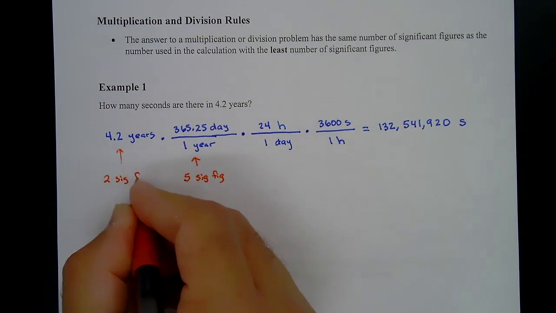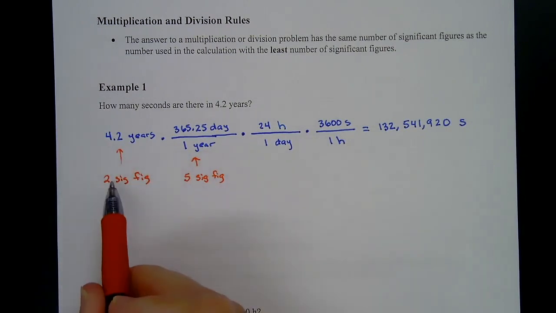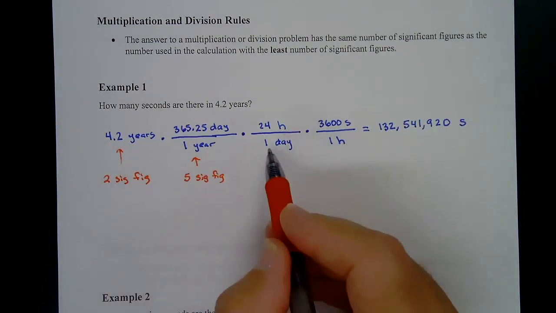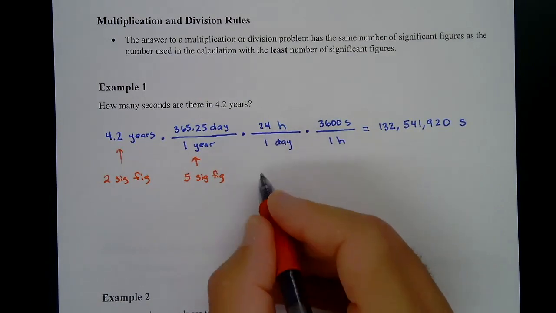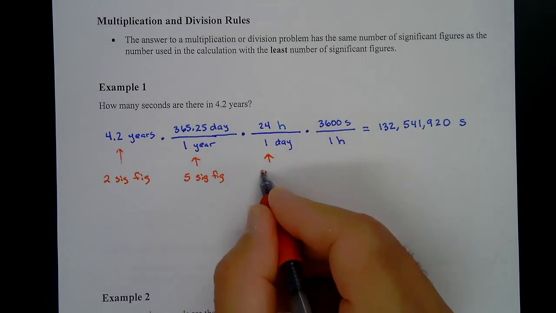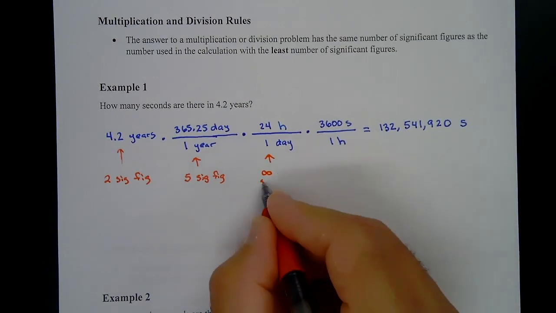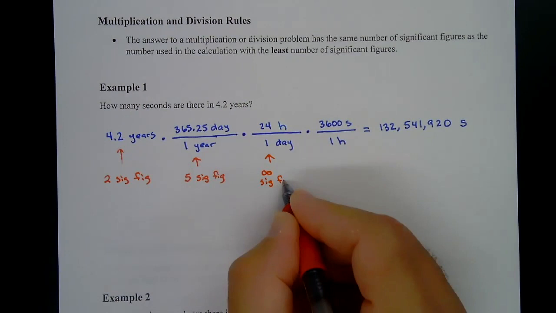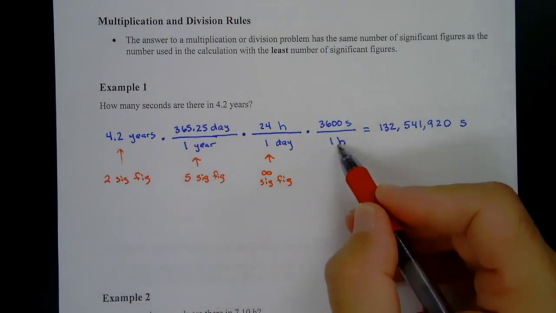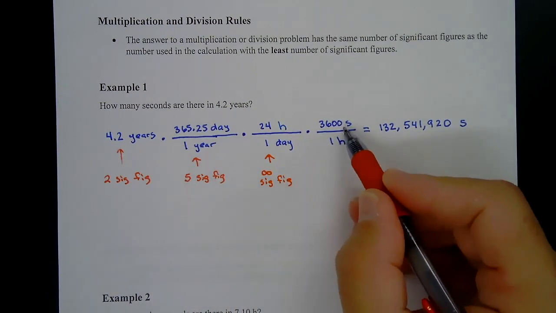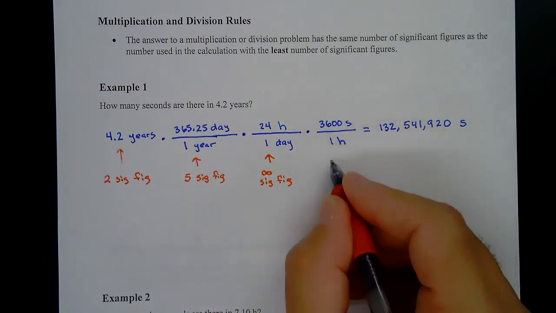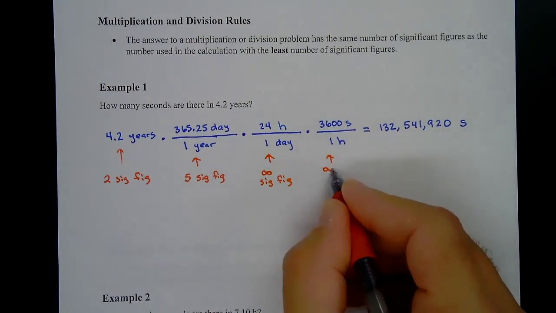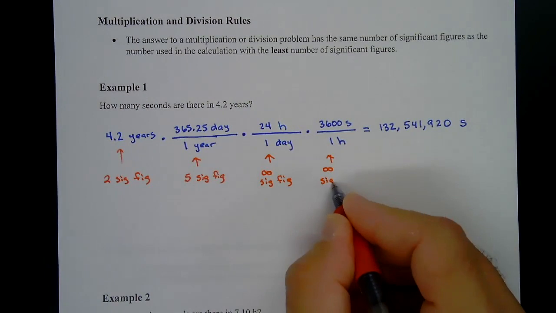Let me go ahead and write 2 here. So there's 2 on this one, there's 5 on this one. This 1 day has infinite because that's exact. 24 hours is exact. So this one has infinite significant figures. 1 hour is exactly 3,600 seconds. So this one also has infinite sig figs.